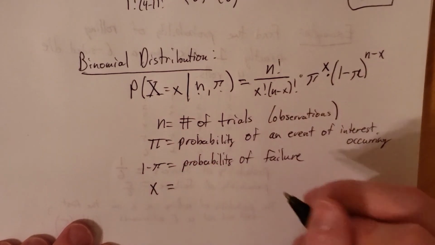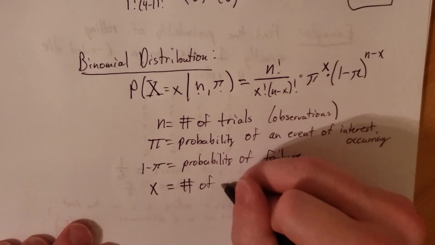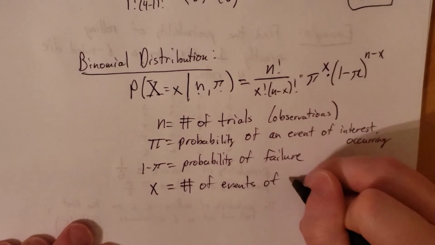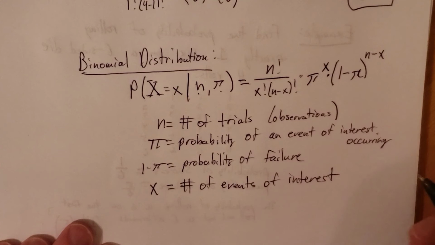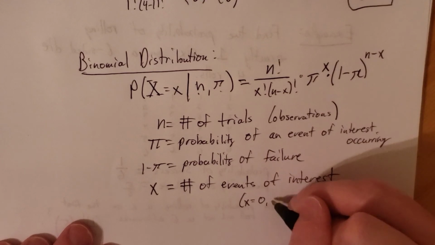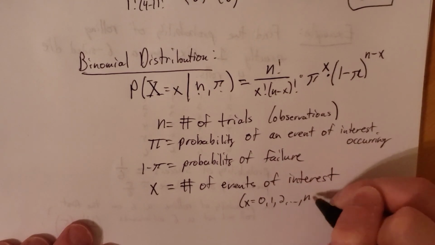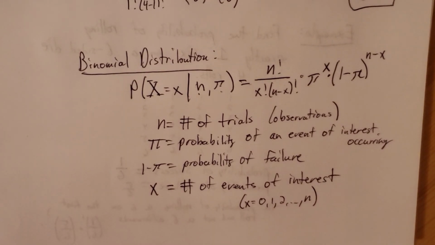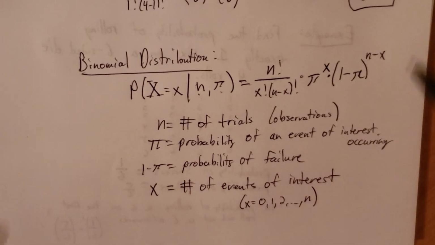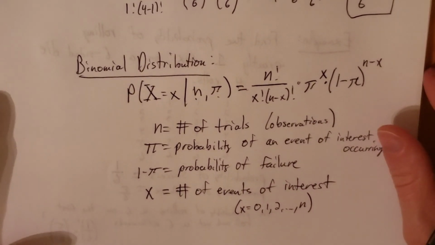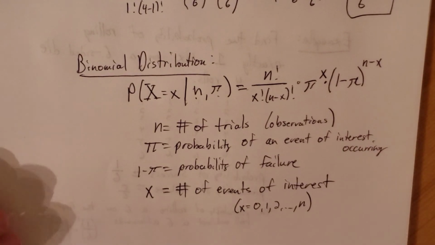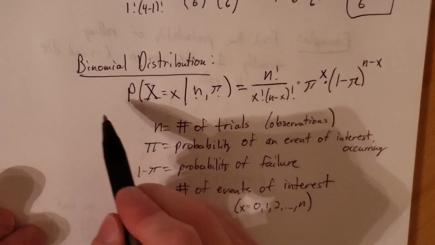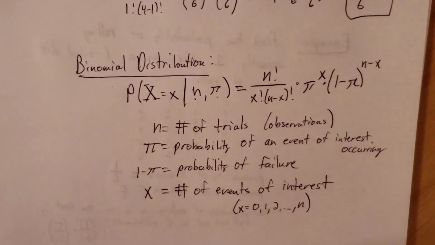And x equals the number of events of interest that we want. And always x is equal to 0, 1, 2, all the way up until n. X can only be one of those values. All right. And again, this is our formula for calculating something like this. And we've already seen an example where we actually came up with this formula. And it turns out this is our formula every time for something like this. We'll go ahead and end this video here.